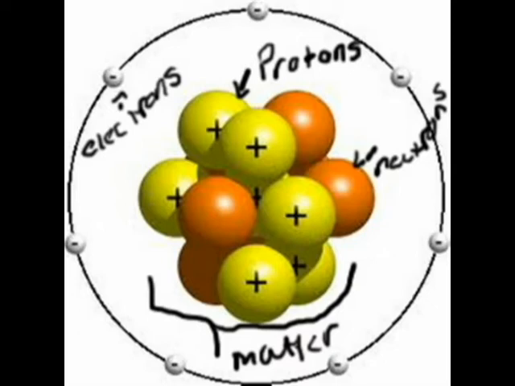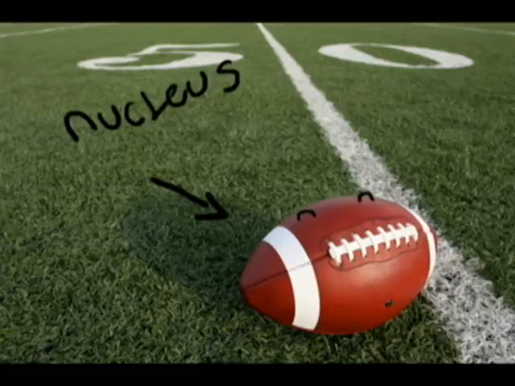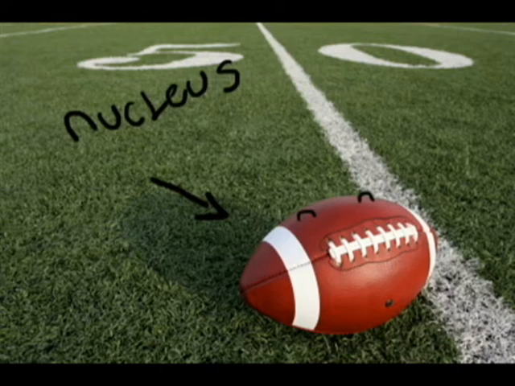And orbiting the nucleus are the electrons of the atom, and I'll tell you a bit more about them after I explain just how far electrons are from the nucleus, using an example we learned in class, because trust me, this is also important. Take the nucleus of an atom and blow it up to the size of a football. Place that football on the 50-yard line of a football field.